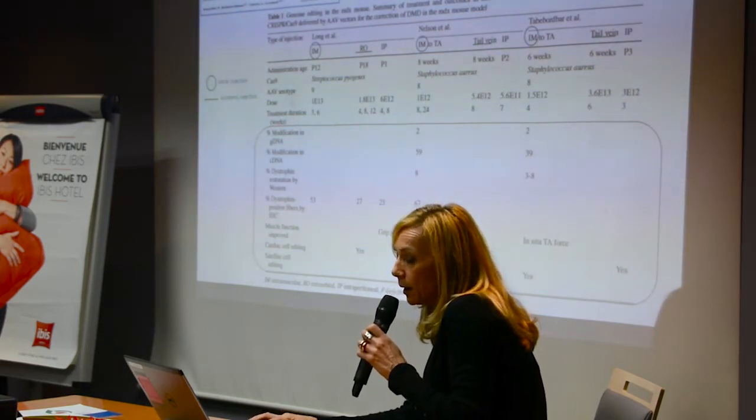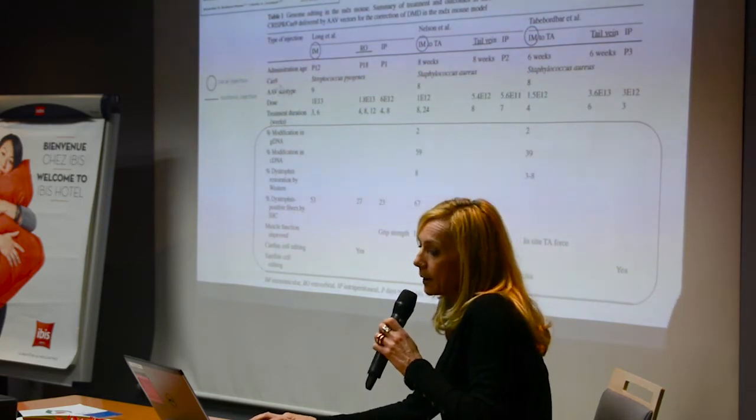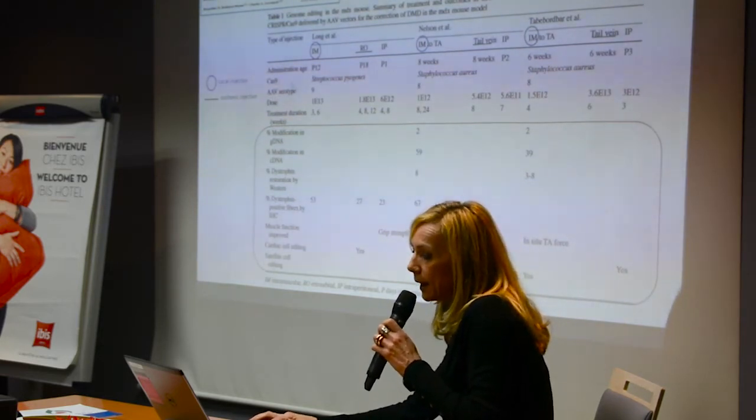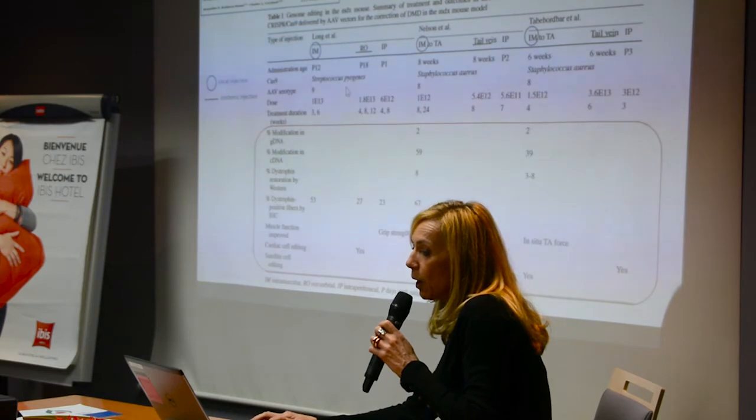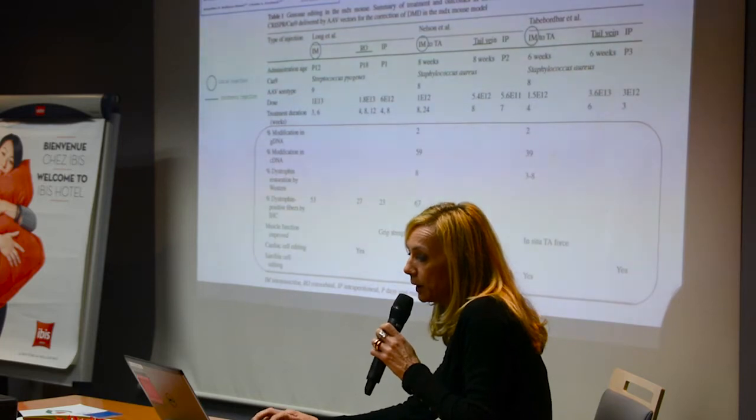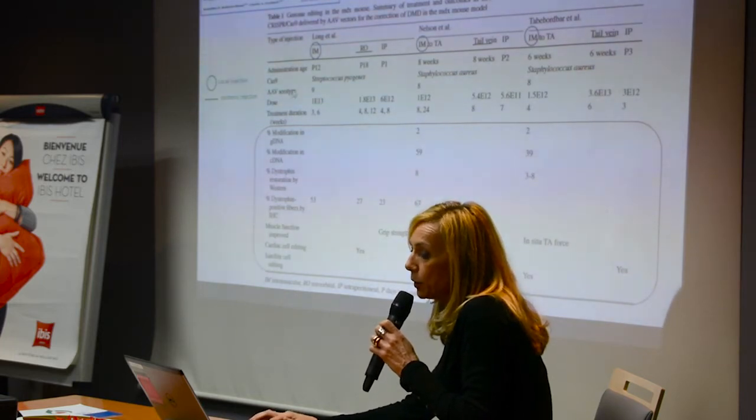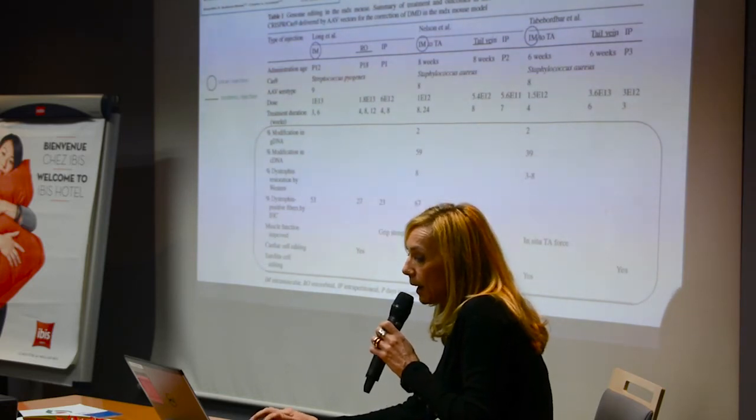And what we can say is that the Cas9 protein used was different for this study and the same for the two other studies. And as I told you, the AAV was 9 for this study and 8 for the two others. And here you can see the result.